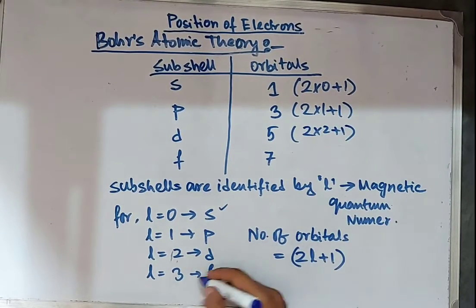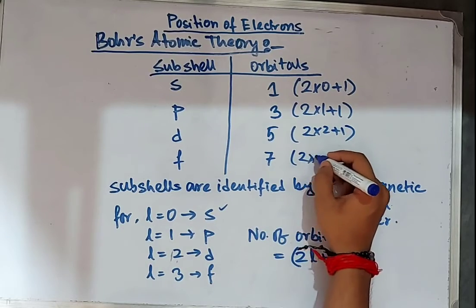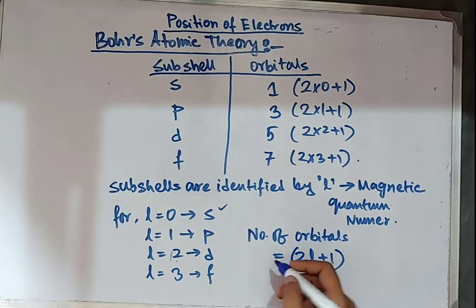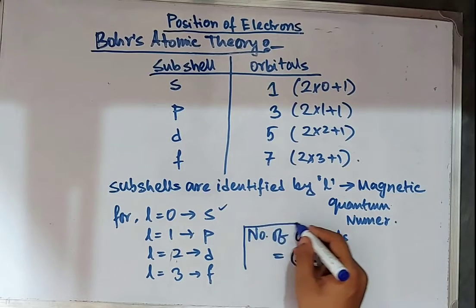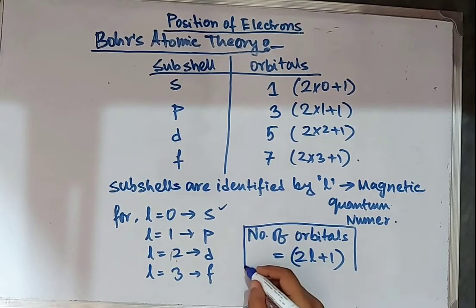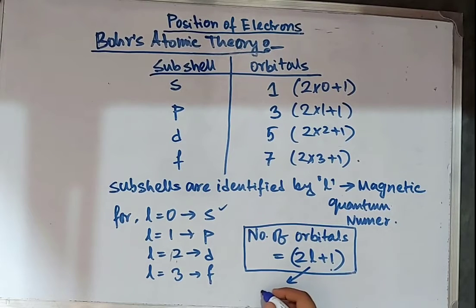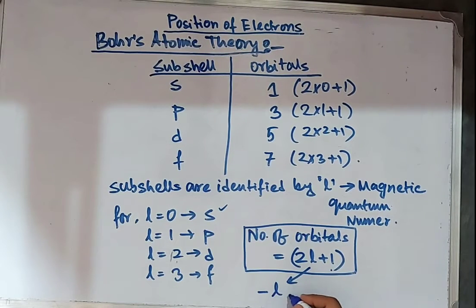And for F, L equal to 3, that means 2 into 3 plus 1, 7. So this is the formula for orbitals, and the orbitals are represented from minus L to plus L.